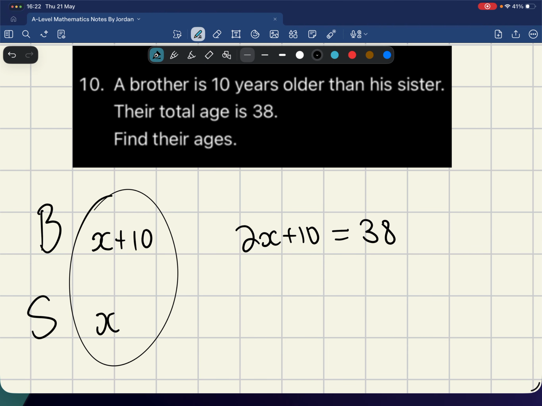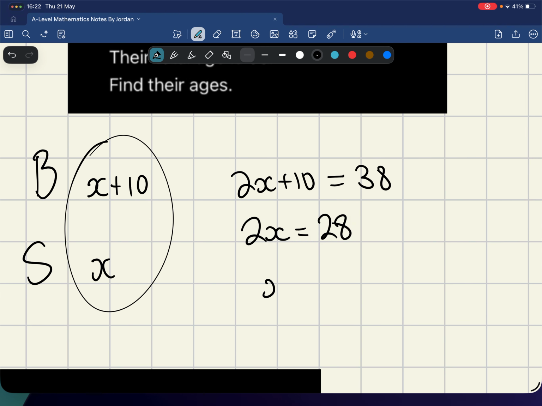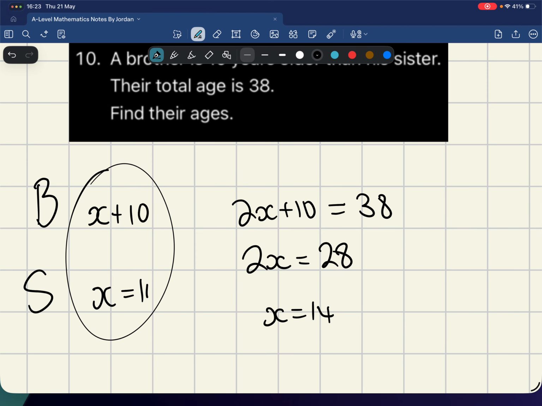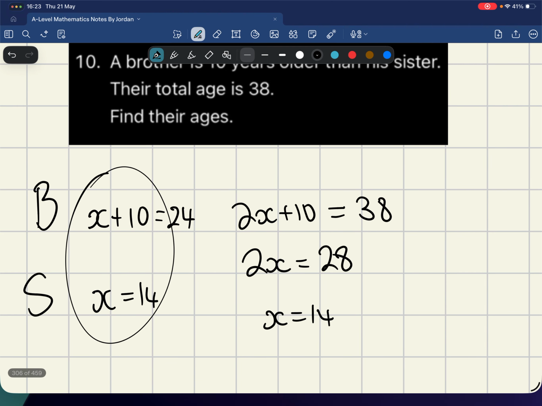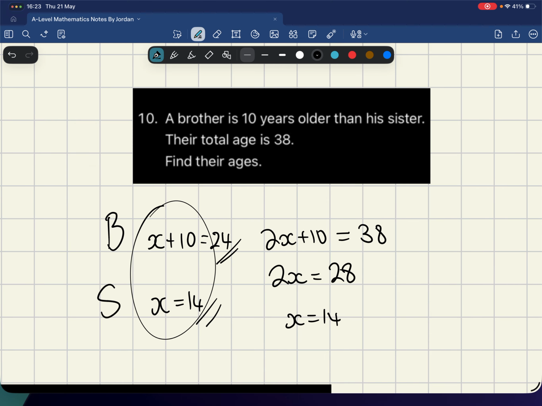The opposite of adding 10 is to subtract 10, which will give me that 2x is equal to 28. Then dividing both sides by 2 gives me x is equal to 14. So the sister's 14 and the brother's 10 years older, so he's 24. Again, same ages. So check that with your own answer.